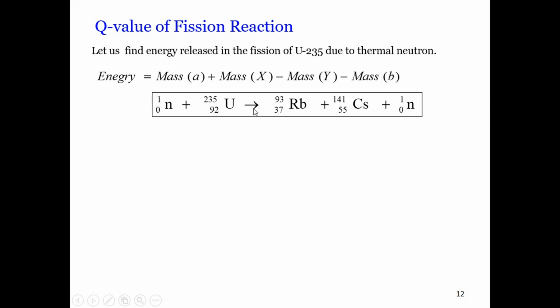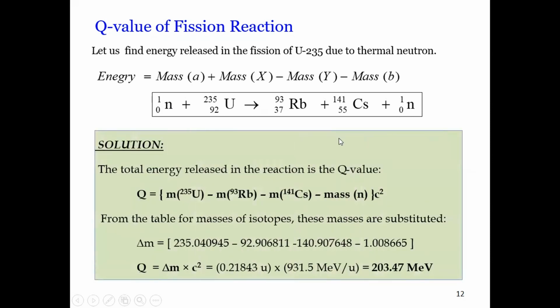We would like to find out the Q value. The solution is we go further to find the total energy released with the help of the mass change. The mass of U-235 minus the mass of the rubidium minus the mass of the cesium minus the mass of the neutron will give us the total energy released.